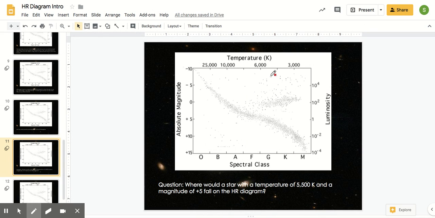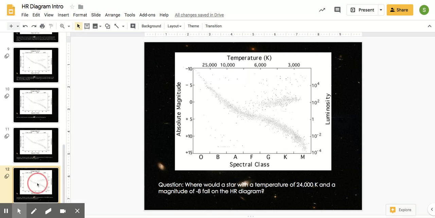So this star would fall somewhere here. So that would be a class G star, pretty similar to our sun. It would roughly be a luminosity of a little bit less than 1. And again, it's very similar to our sun.